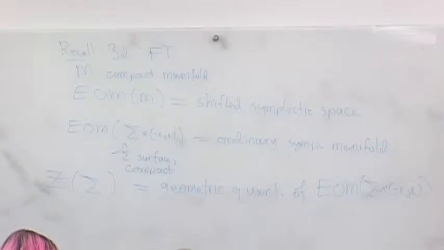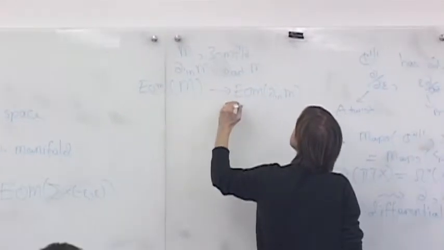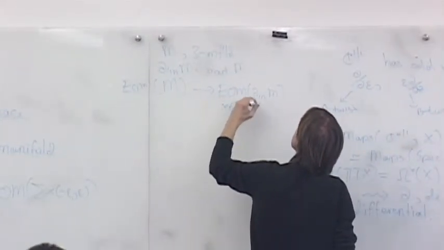Suppose M is a 3-manifold which has incoming and outgoing boundary. What you find is that the equations of motion on M should map to the equations of motion incoming across the equations of motion outgoing.